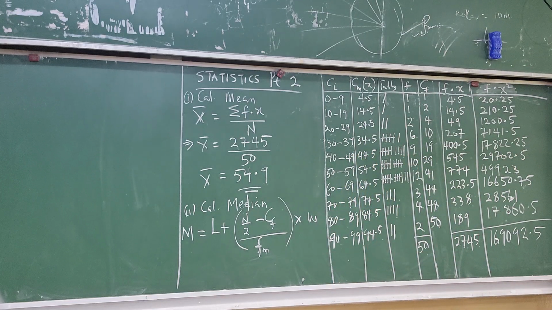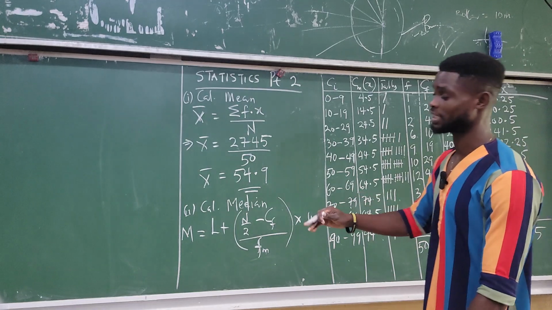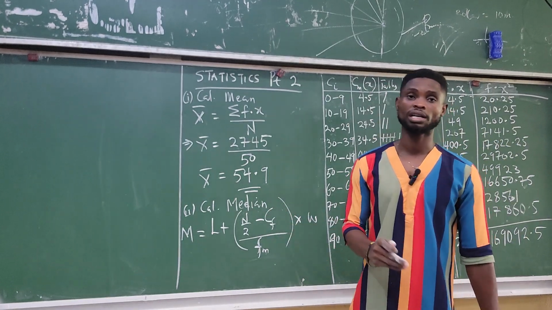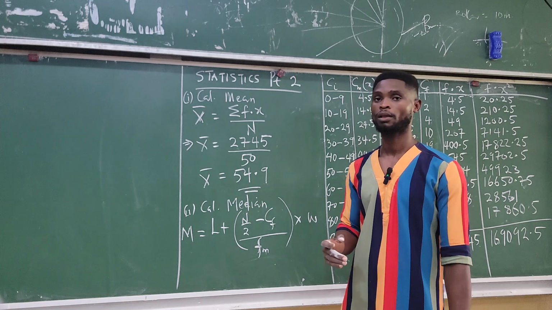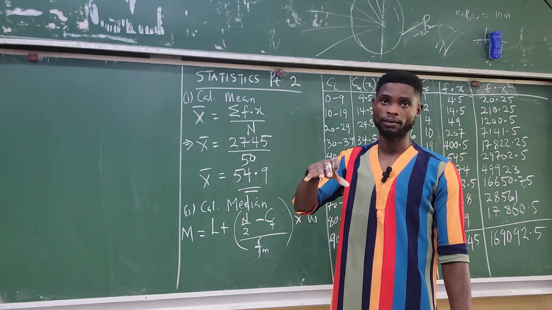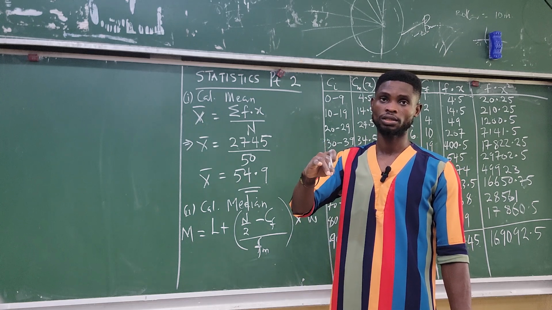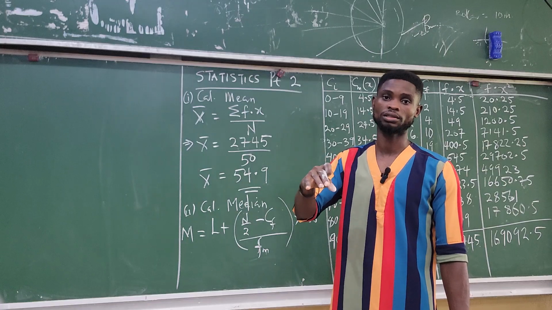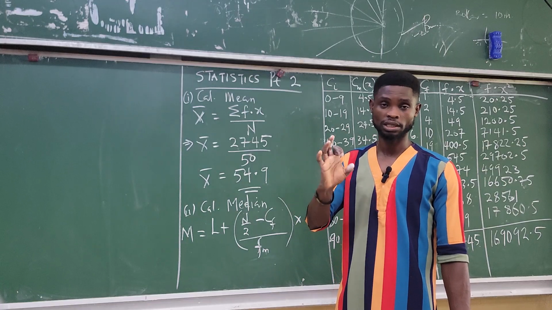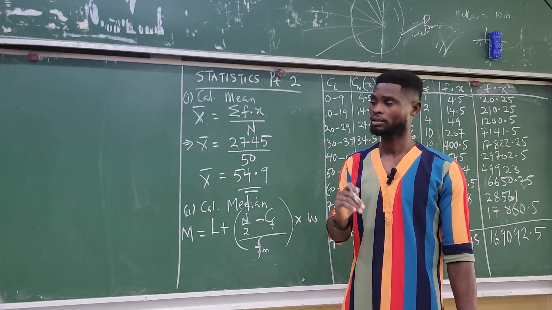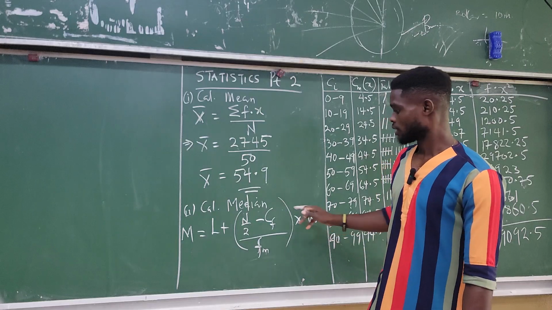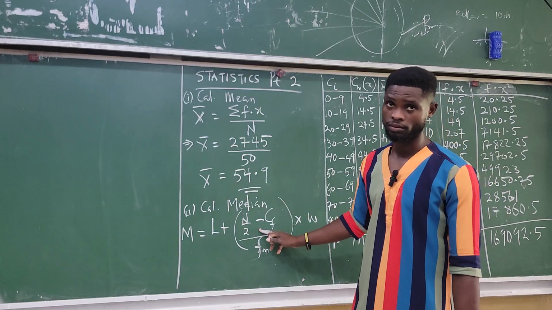That is the formula for median. But before we give you this formula, I want to explain what median is. Median means the middle number of the frequency. The middle number. That is what we refer to as median. And this is the formula for median.